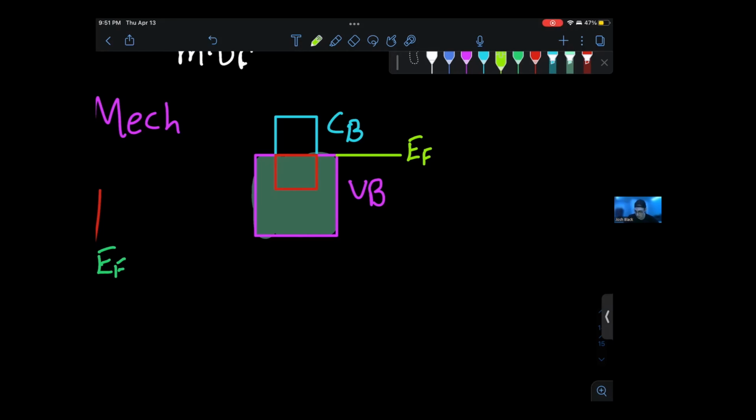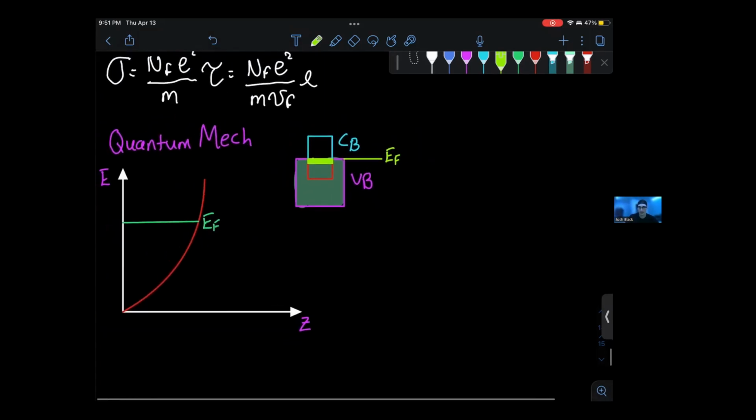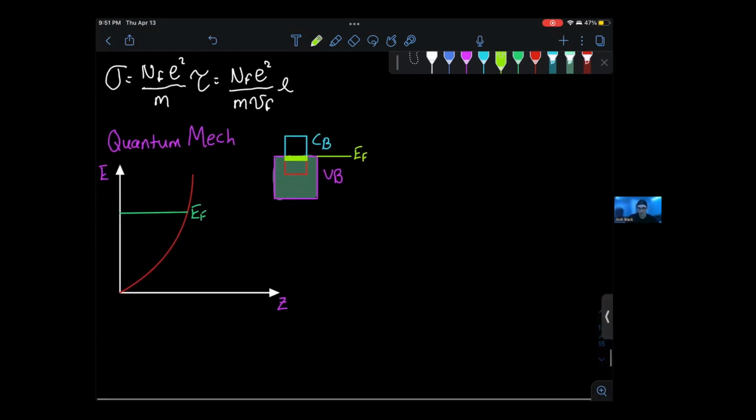They have more energy, they're more excited. Now we say in quantum mechanics that only these electrons that are close to the top of the conduction band can be used in conductors, right? Because all of these other electrons are kind of being squished down by each other, and they wouldn't really be useful to us. So only the electrons close to the top and at the Fermi level can we use for conduction.